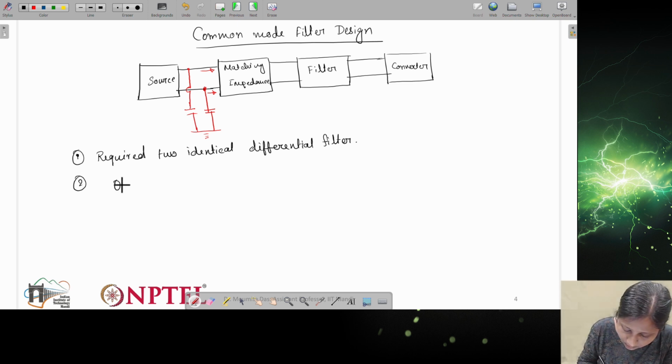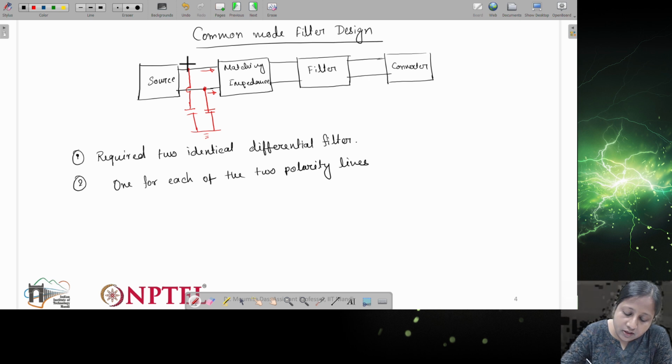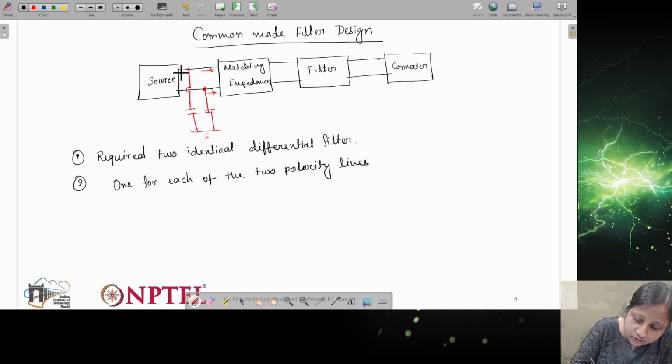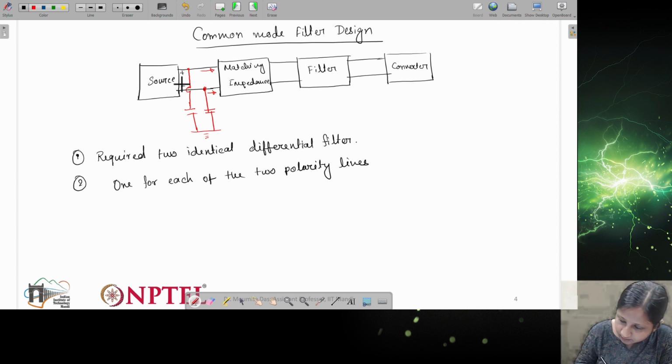So one for each of the two polarity lines, as I have shown here. If we consider the DC, this is positive and this is negative. So for the positive polarity line we need one filter part, and for the negative polarity line we need another filter part. Okay.